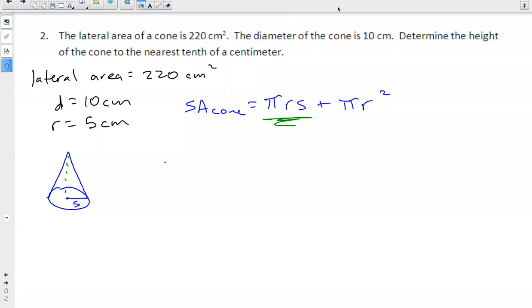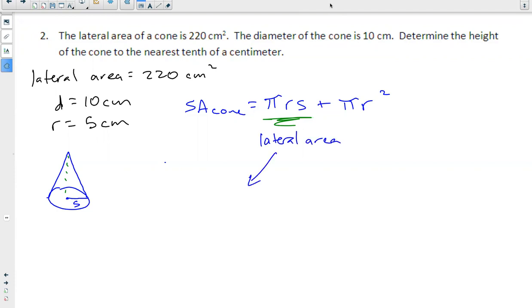Okay, so let's go ahead and fill in this formula with what we know so far. Okay, so the lateral area, which is what we know. So this is our lateral area.